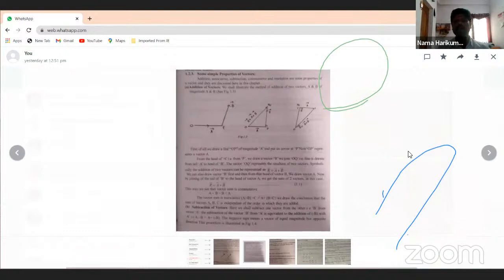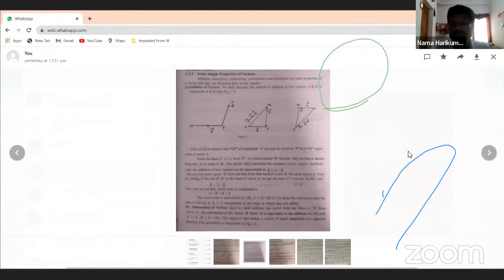So the resultant vector R equals A plus B. It's enough. R equals A plus B.